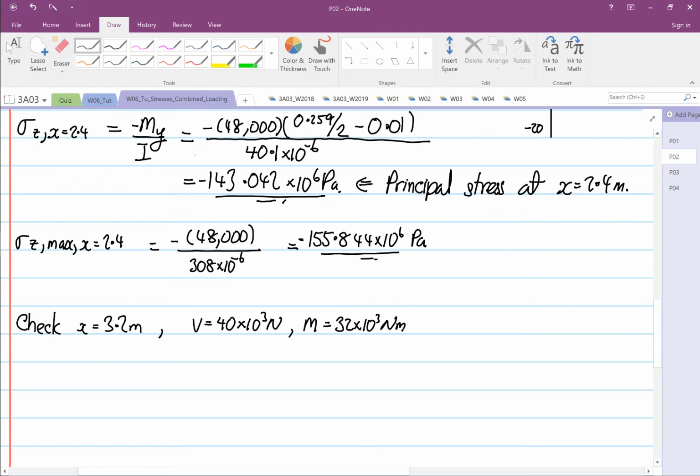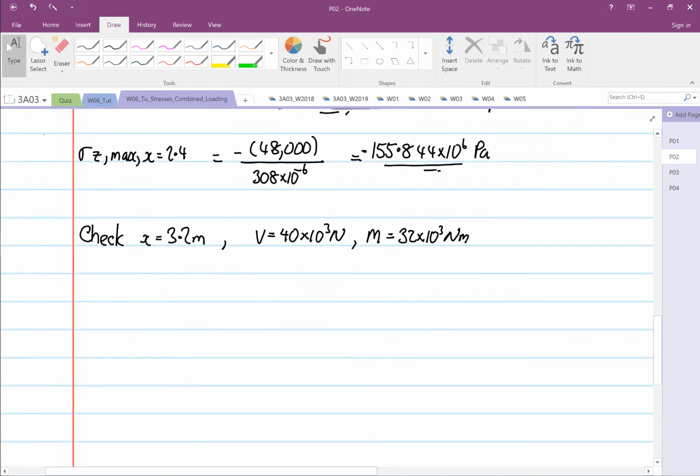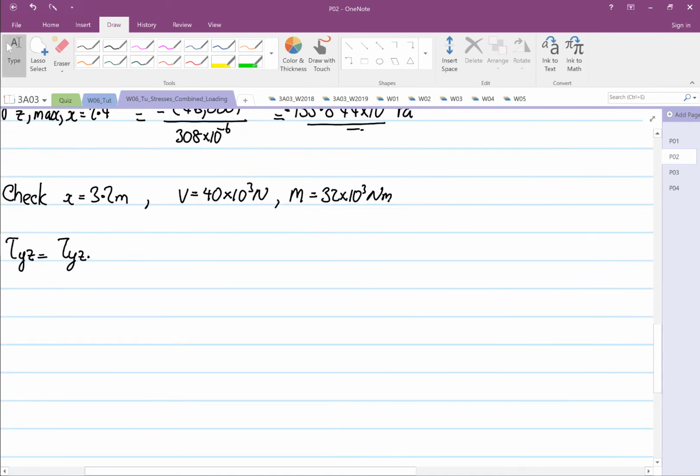Okay, so we're going to find the shear, shear YZ, like what we wrote earlier. The area that we are concerned with is the top part, the flange.